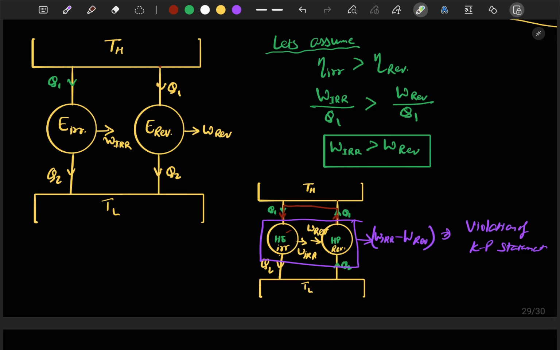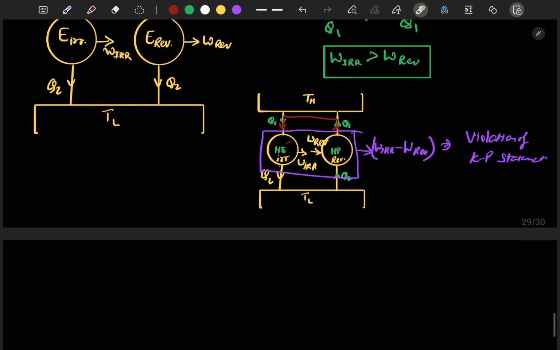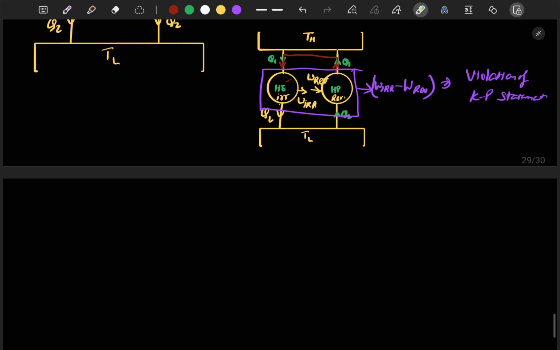Now we will move to the next topic, but before that we will discuss some important points with respect to reversible cycles.